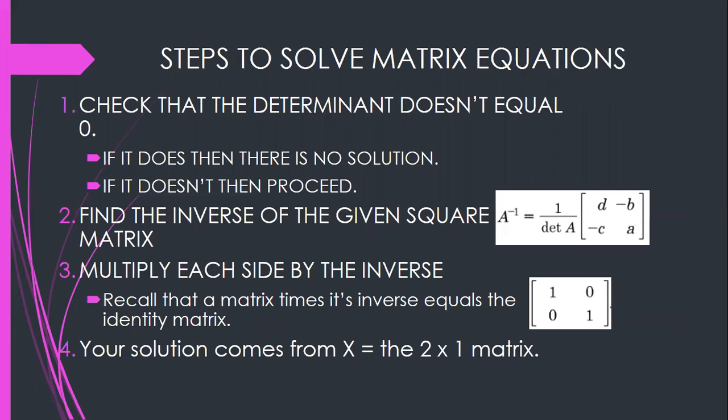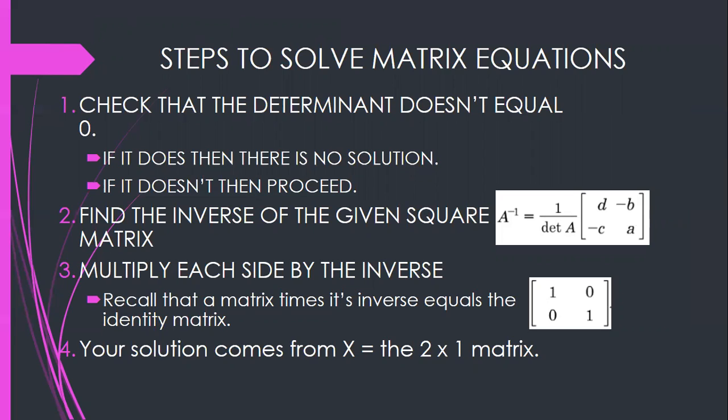Step 1, we check that the determinant doesn't equal 0. The reason why we do that is because if it does, then there's no solution and you're done. If it doesn't, then you proceed with the following steps. Step 2 is to find the inverse of the given square matrix. So that's our 2 by 2.